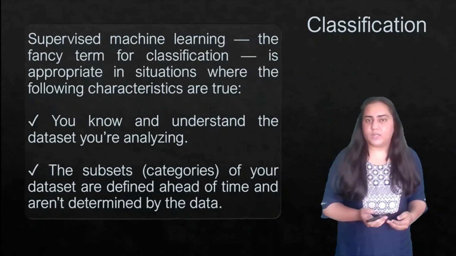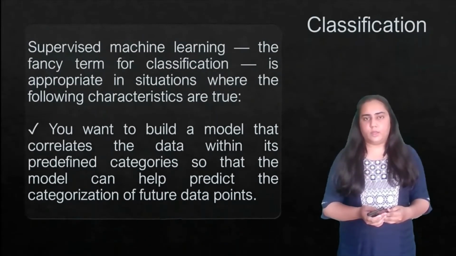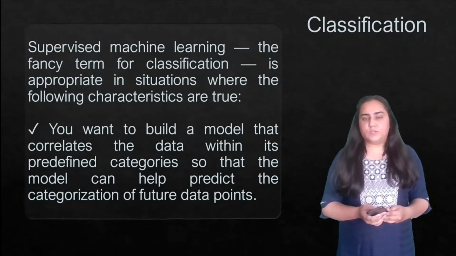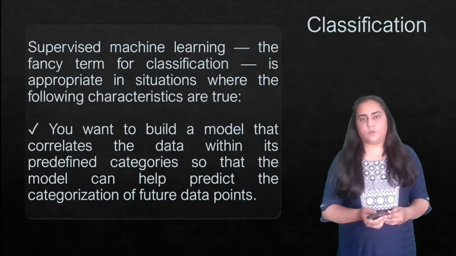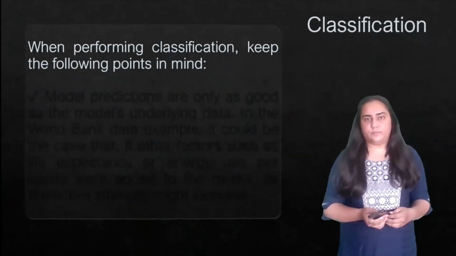So you have already labeled your data. You want to build a model that correlates the data within its predefined categories so that the model can help predict the categorization of future data points. So that is where you would be using classification or supervised machine learning.